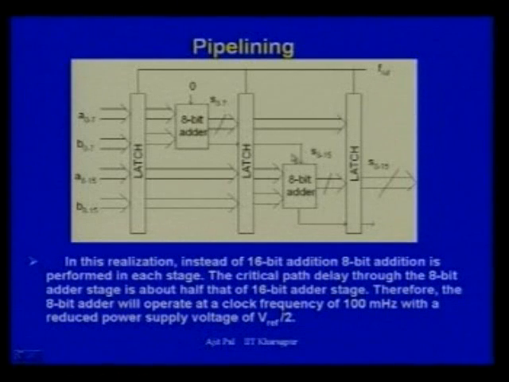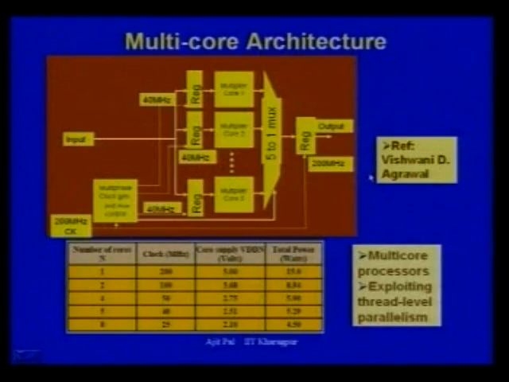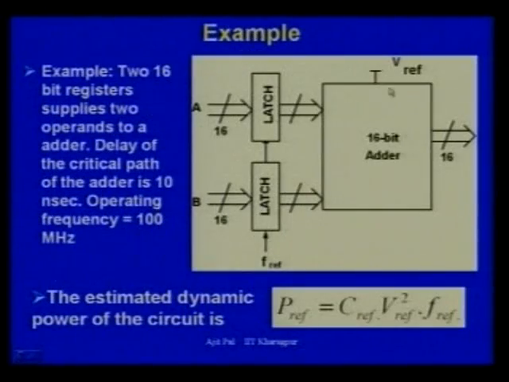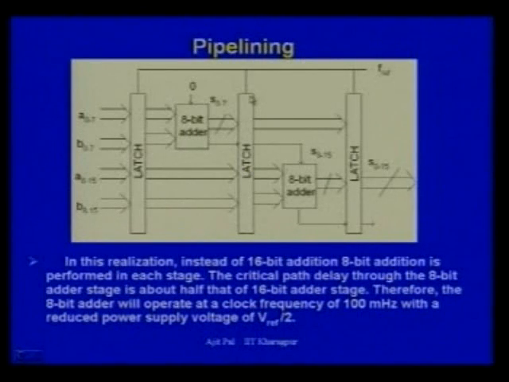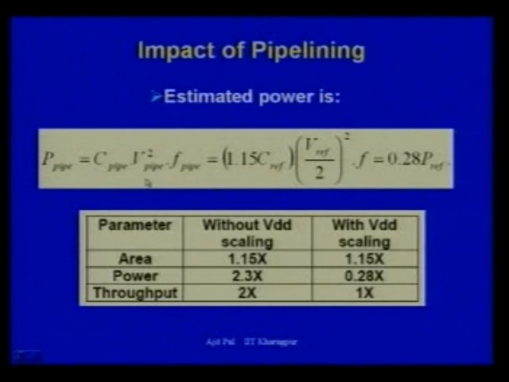Since this is an 8-bit adder and here also it is an 8-bit adder, operating at the same frequency as the original circuit, you can reduce the supply voltage by half in the pipelined processor.